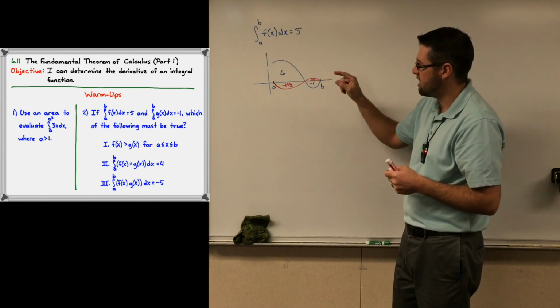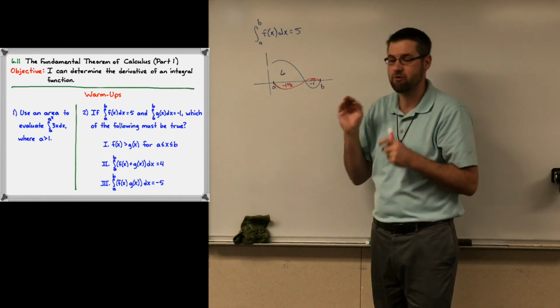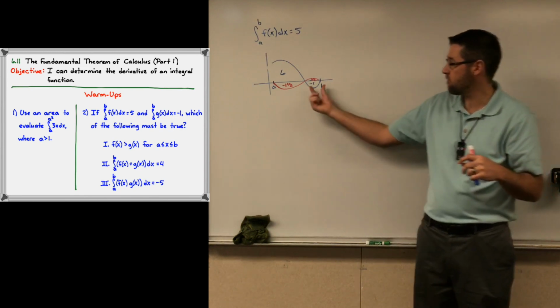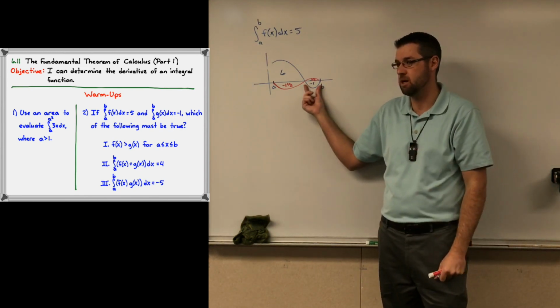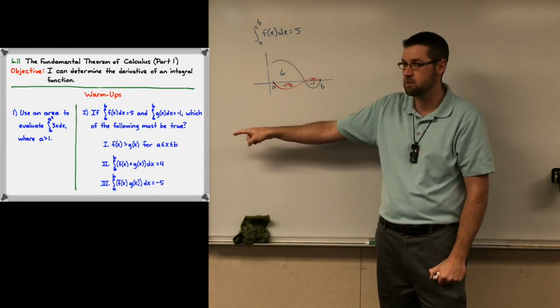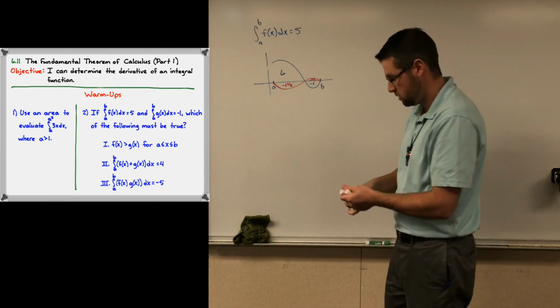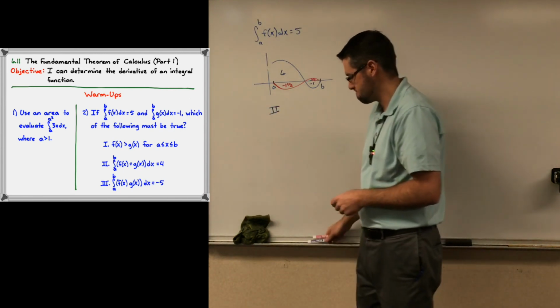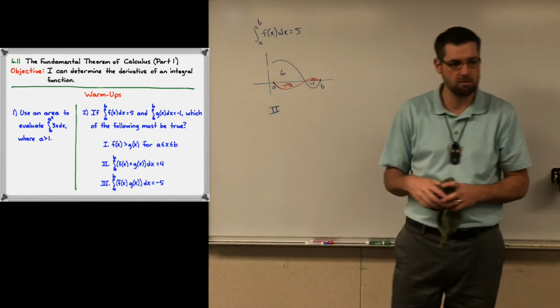So does that imply that f is greater than G for all x values between those domains? No. From here to here, you can see that f is below it. Now, there's just one case, but this does prove that that statement is false, right? So the answer is only 2. But that's the kind of problem that gets you.